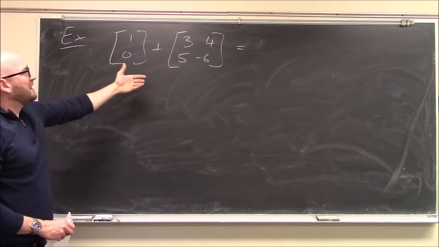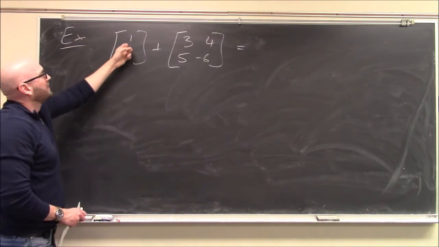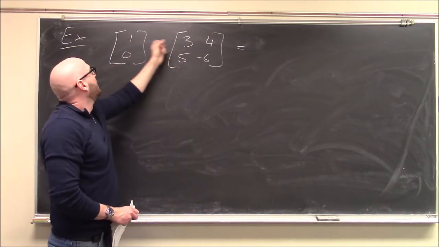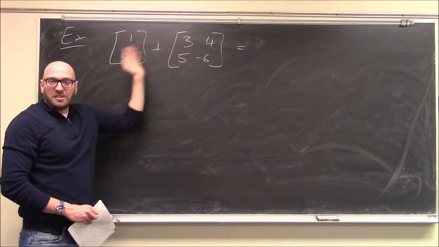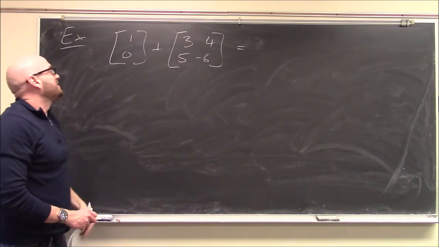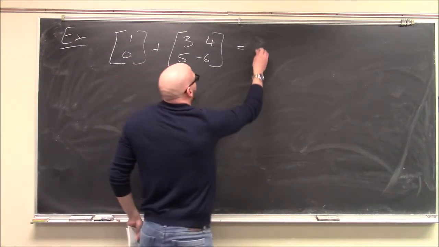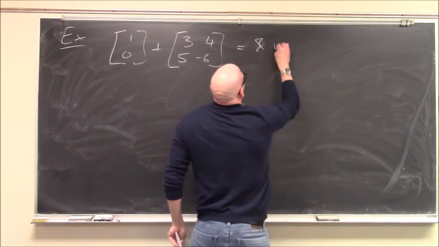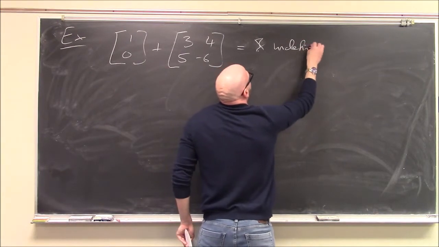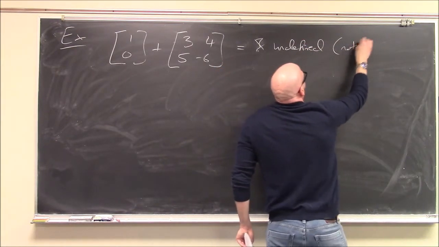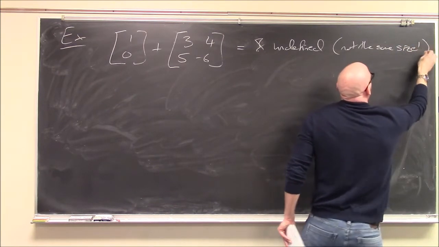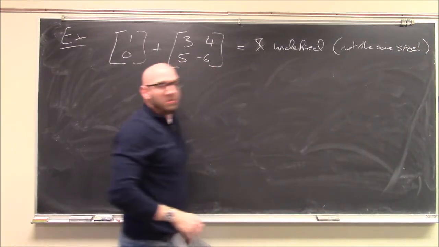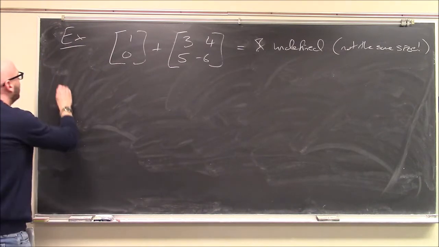The moment you start trying to add these together, maybe you do 1 plus 3, but then what do you add to 4? The entries don't match up, and it doesn't really make sense to add these together. So the answer is it's undefined, because they're not the same size. So we can only add matrices together if they have the same size.